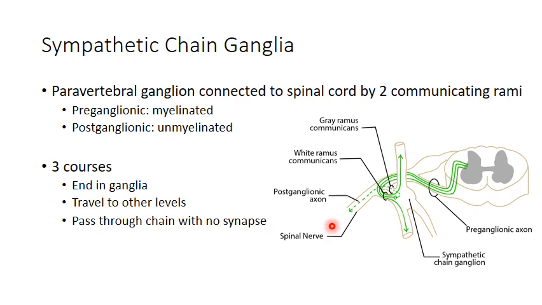The next thing that can happen is the preganglionic fiber can either travel up or down the chain and synapse at a different level. This is the only way for those cervical, sacral, or coccygeal regions to get input from the sympathetic nervous system, because they don't have this direct association to the spinal cord, right?